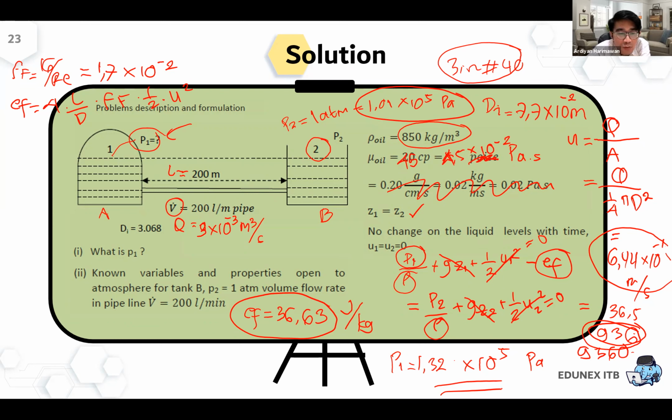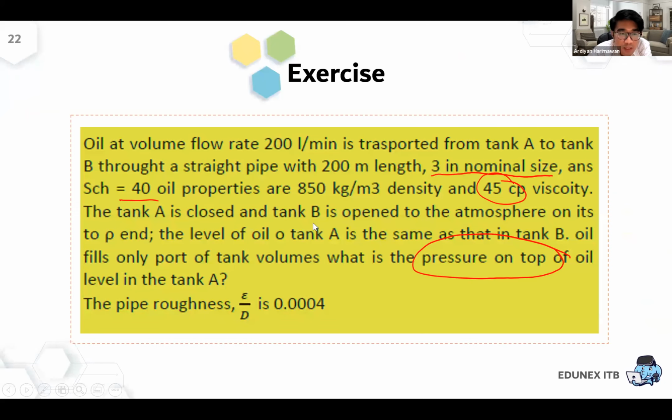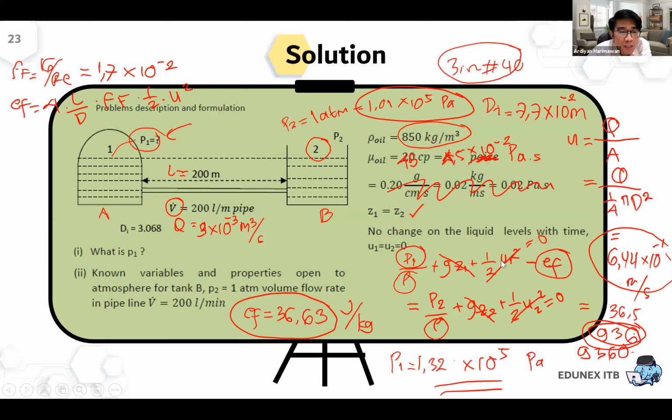Hopefully after doing these steps of calculation, you can understand how to understand the phenomena from the exercise, and how to describe the phenomena in figures, because it will help you.